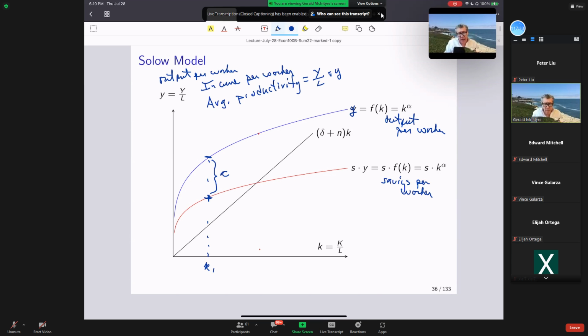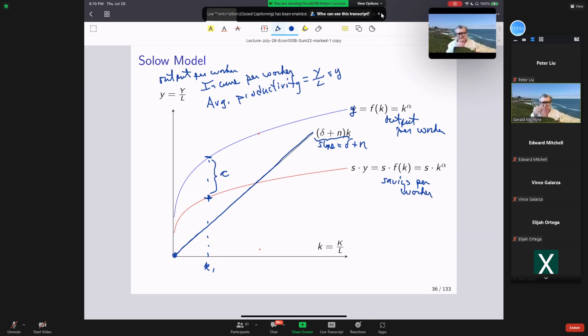And so the remaining line, this line here, which is a ray right out of the origin, has a slope equal to delta, which is the depreciation rate, plus n, population growth, which comes from natural fertility and immigration.